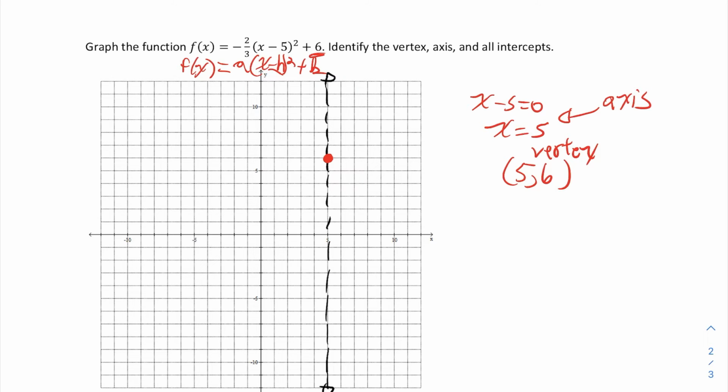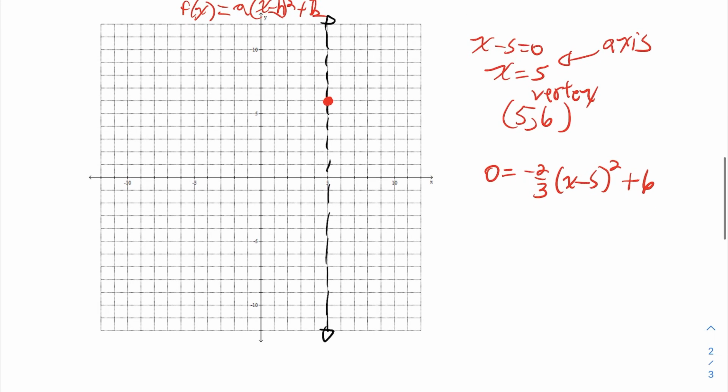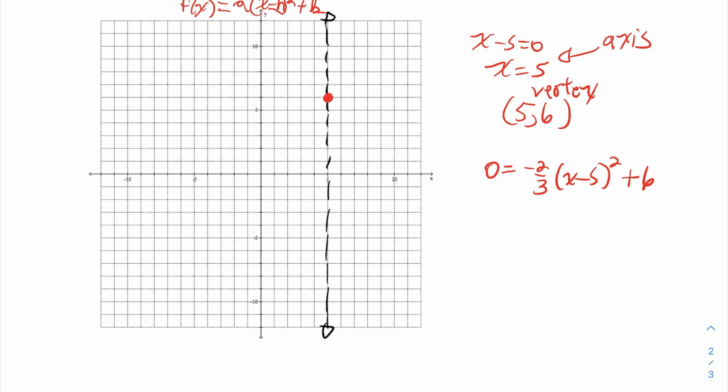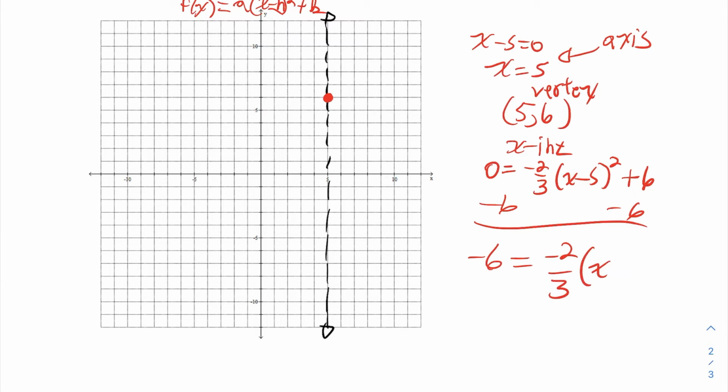We can find, if we so desire, the intercepts. So we have 0 is equal to negative 2/3 times (x minus 5) squared plus 6. Let's see, the x-intercepts. Well, we could subtract 6 from both sides to get negative 6 is equal to negative 2/3 times (x minus 5) squared.